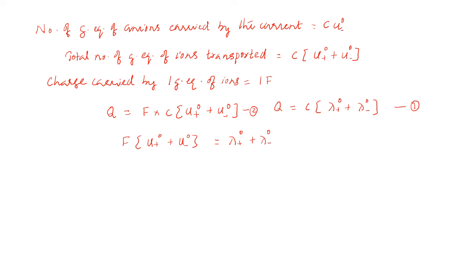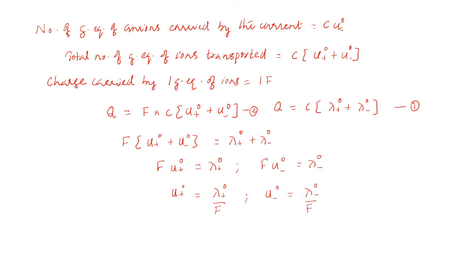And comparing similar terms on both sides, we can write F into U plus 0 equals lambda plus 0 and F into U minus 0 equals lambda minus 0. Or we have U plus 0, that is ionic mobility at infinite dilution, given by the expression lambda plus 0 divided by F, and U minus 0 equals lambda minus 0 divided by F.